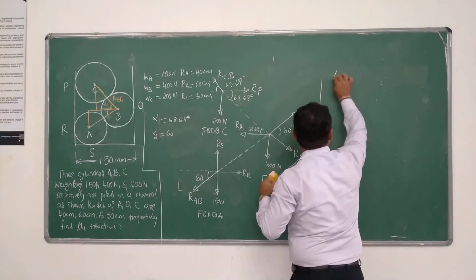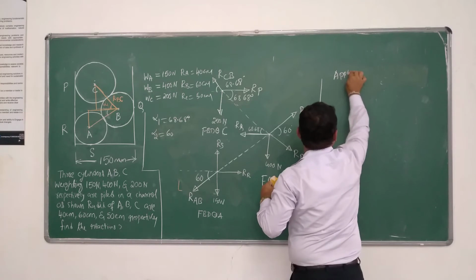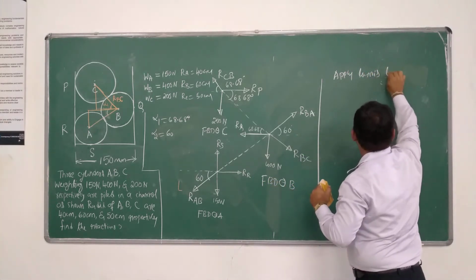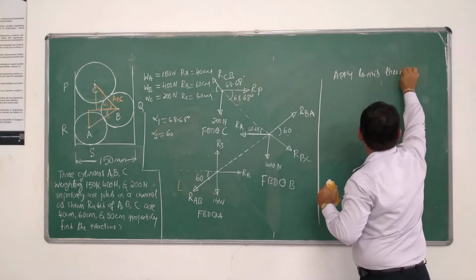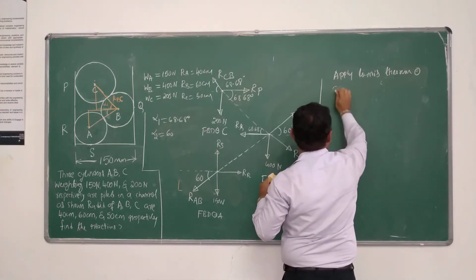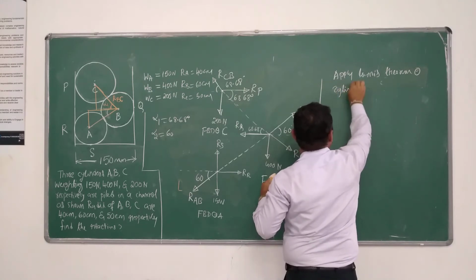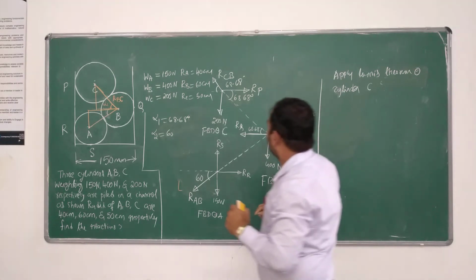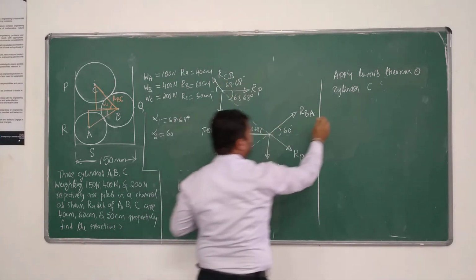So apply Lami's theorem at cylinder C. So this is RCB.